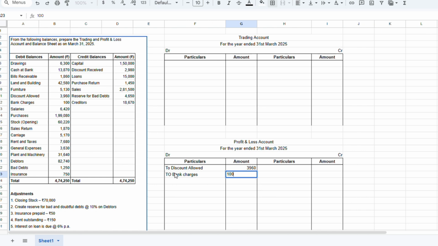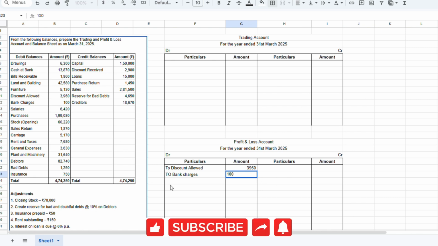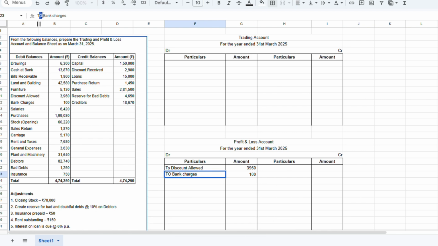Next, salaries 6,420. Salaries is an expense for the business, so profit and loss account debit side. Salaries 6,420.